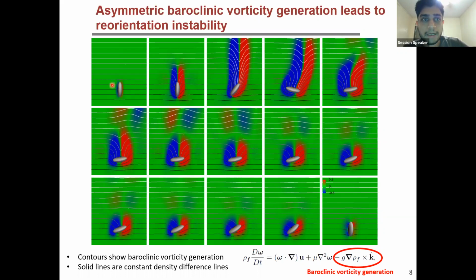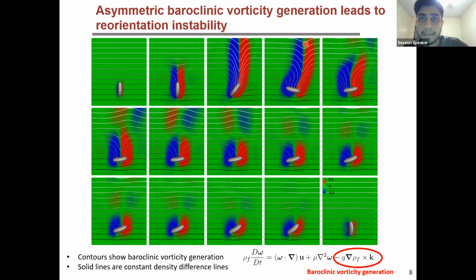But in a stratified fluid, initially the particle accelerates, which can be inferred from the expansion of these vorticity contours. And as it accelerates, it topples from this initial edgewise orientation to a broadside-on orientation.